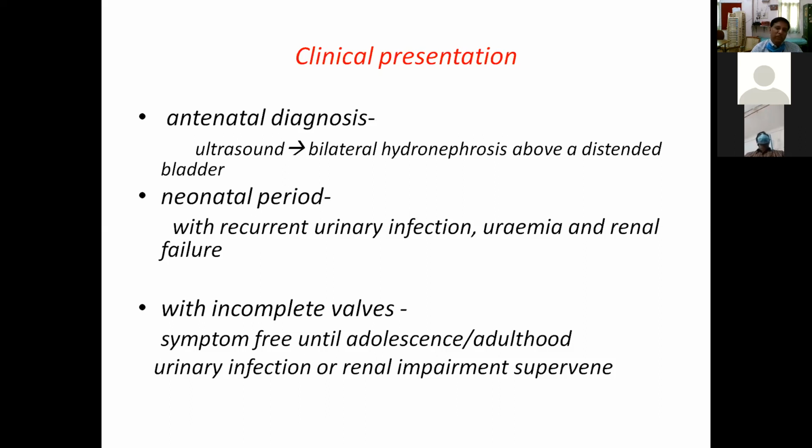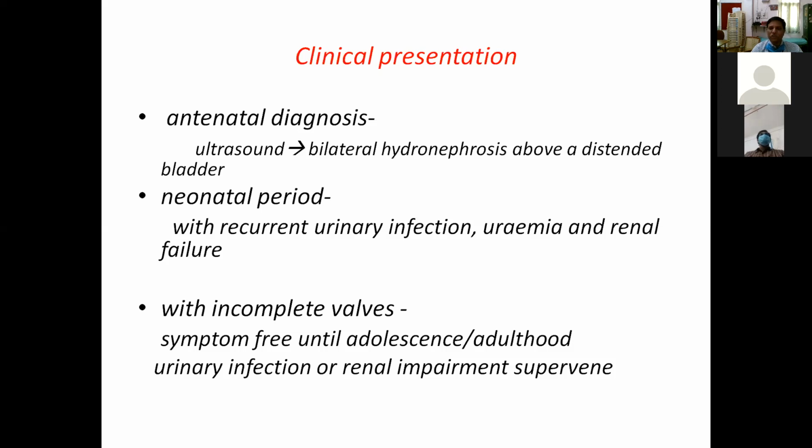Sometimes these valves are incomplete. That means they do not cause complete obstruction, only partial obstruction. So the child will be passing urine normally, but there is a pressure effect also. As time goes on, there will be gradual destruction of the kidney substance, and in adolescence or early adulthood, the person presents with renal failure.